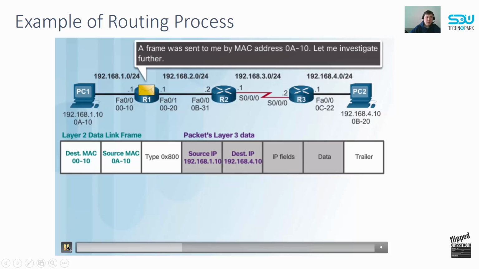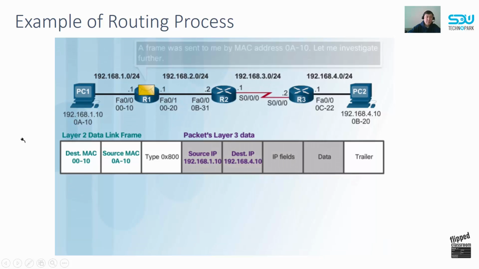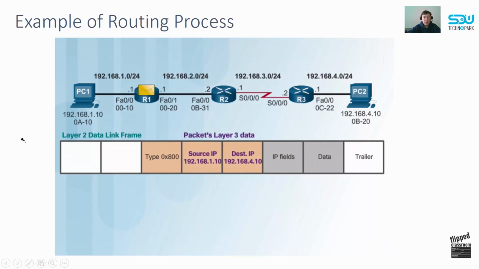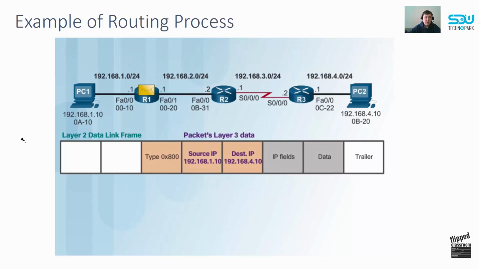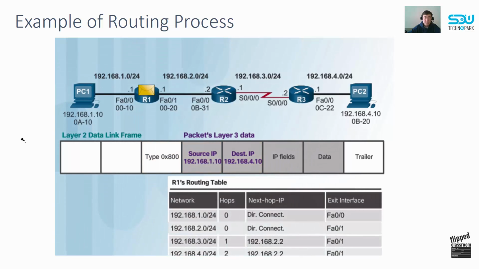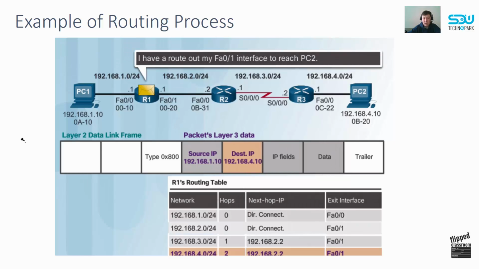The router has to find out where to resend this packet. The router deletes the data link header which was delivered before, looks at the routing table and tries to find network 4.0, and finds it, and the exit interface is selected as FA0/1.